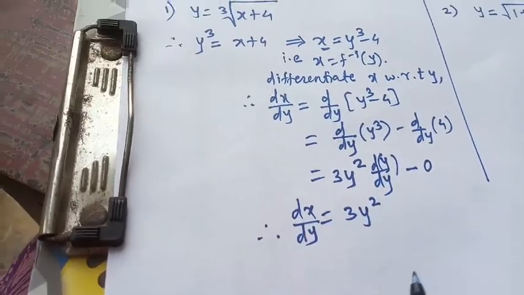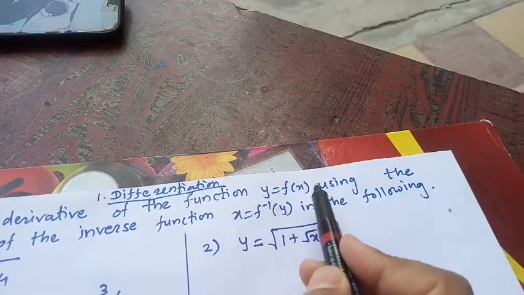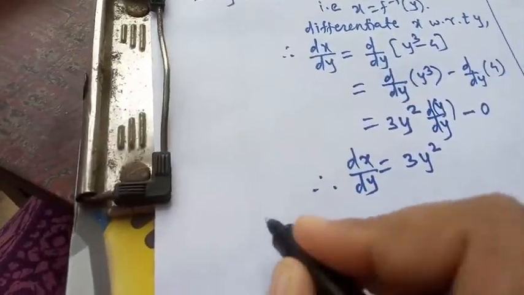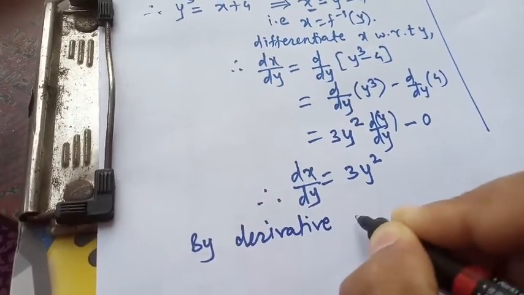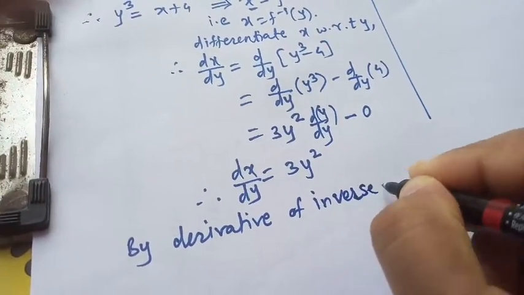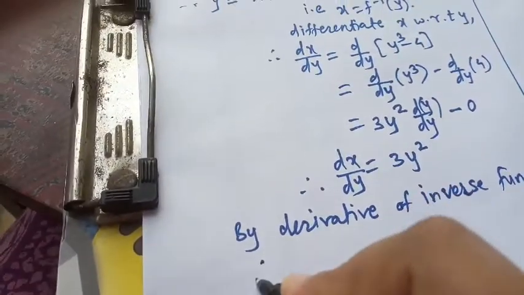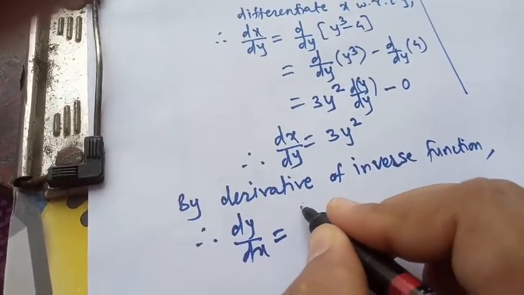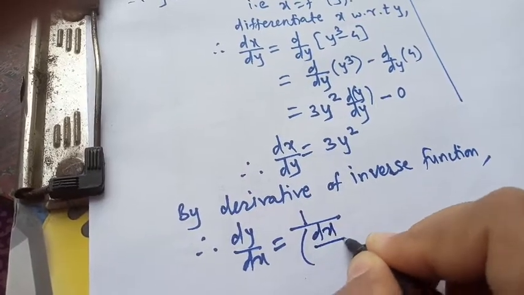But here we have to find the derivative of the function y is equal to f of x by using the derivative of the inverse function. Therefore by the derivative of the inverse function, dy by dx is equal to 1 upon dx upon dy.